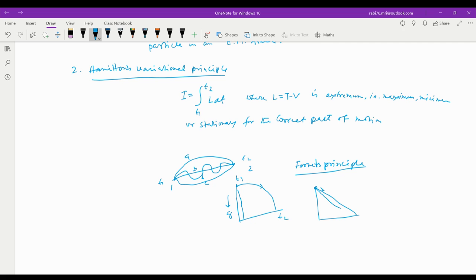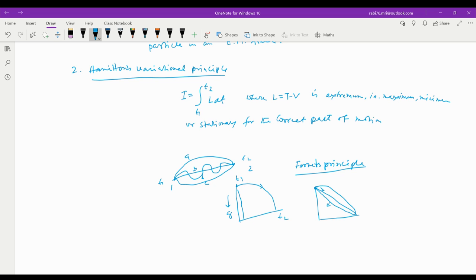Now you carve the path like this, and you carve the path like this. Can you tell me which path will take minimum time? এখন সবাই বলবে যে না এইটা দিয়ে গেলে পরে মিনিমাম হবে, but that is wrong. That is wrong, my child. This path takes the minimum time for the particle to travel from here to here.